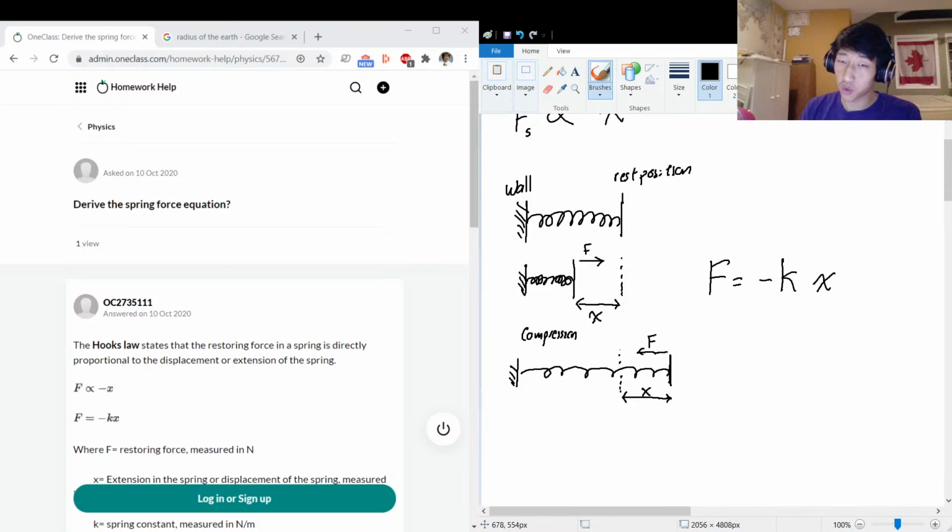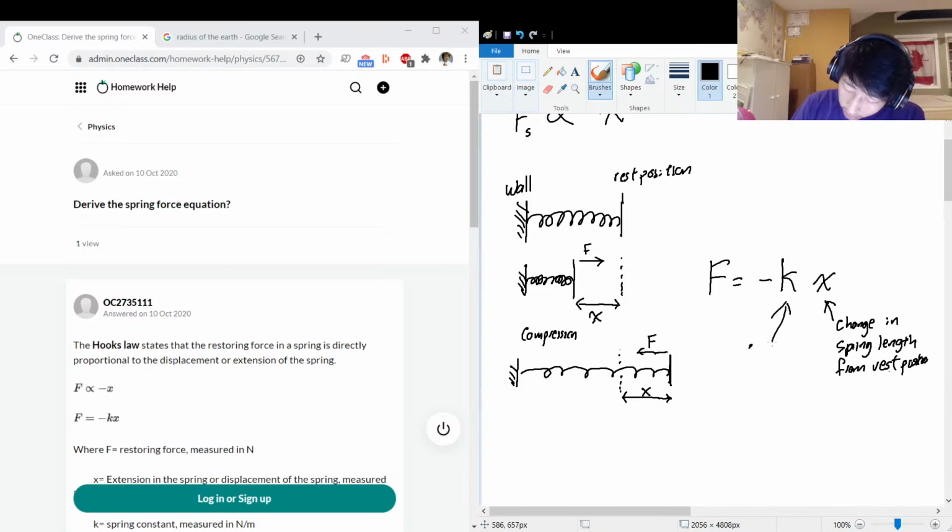Your diagrams are quite important. Here, x is the compression or stretch, or change in spring length from rest position. And k is the spring constant.